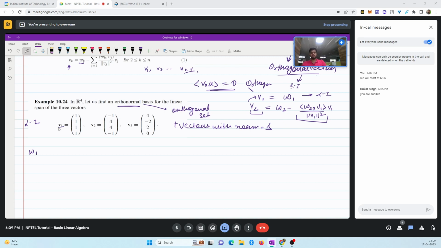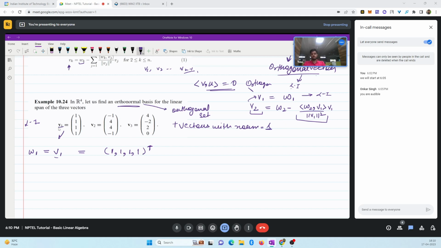As per the process, the first vector is the same as the first vector from the linearly independent set. So your w1 is nothing but v1, which becomes 1, 1, 1, 1. So your first vector is very conveniently your v1 only.